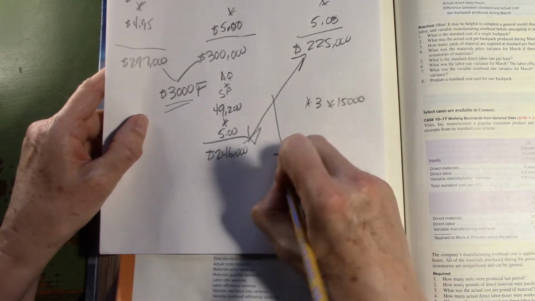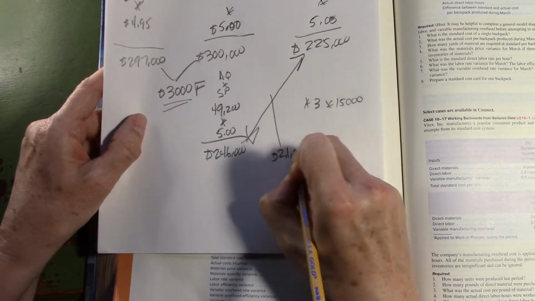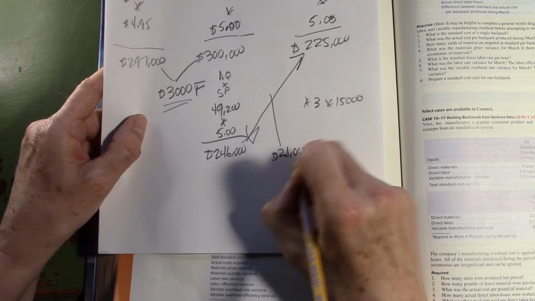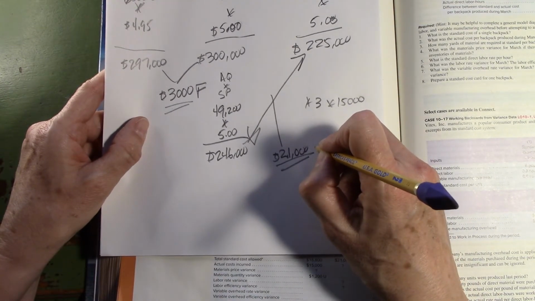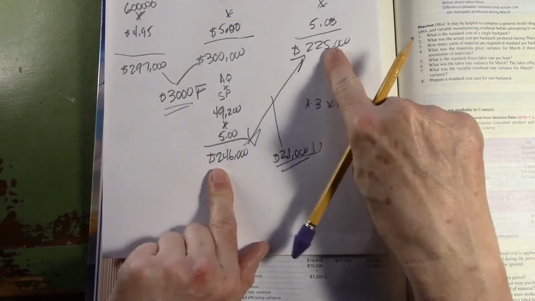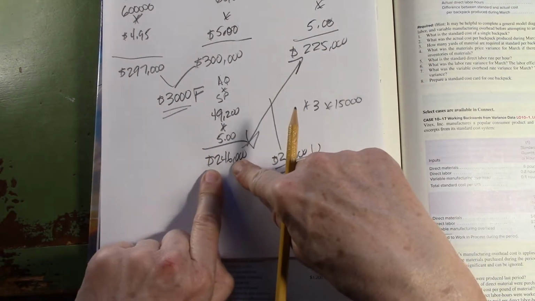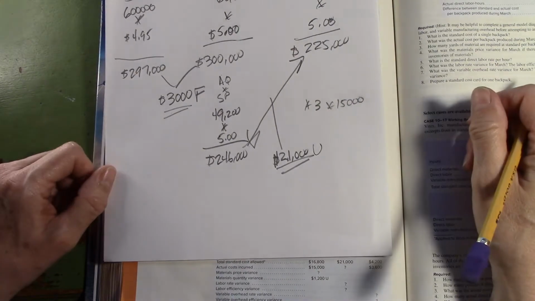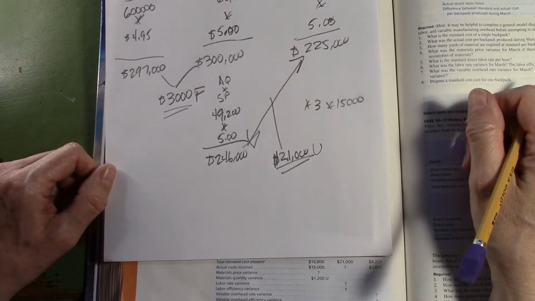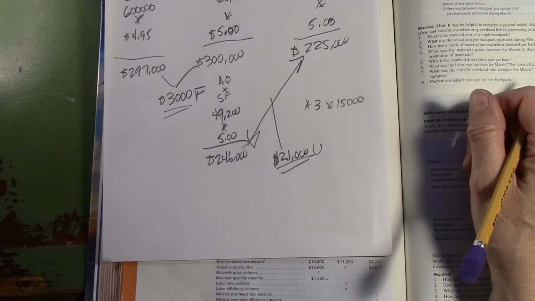That's 21,000. That is an unfavorable variance, right? Because I should have spent 225, but I spent 246. So 21. And let's see.